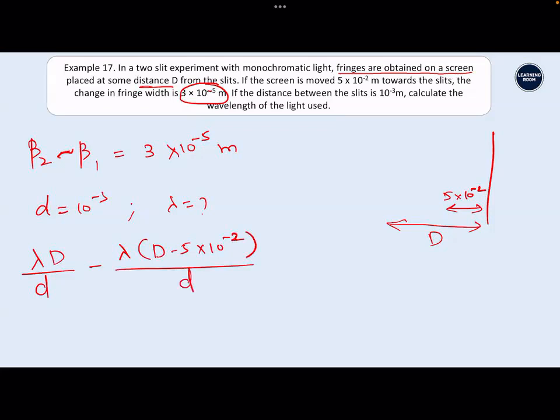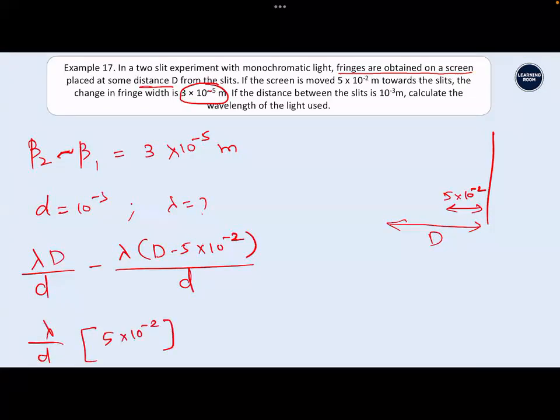So what do we take out? Lambda by d. If you take it out, you will be left with 5 into 10 power minus 2. Lambda is what we need to find out. So this is 3 into 10 power minus 5.